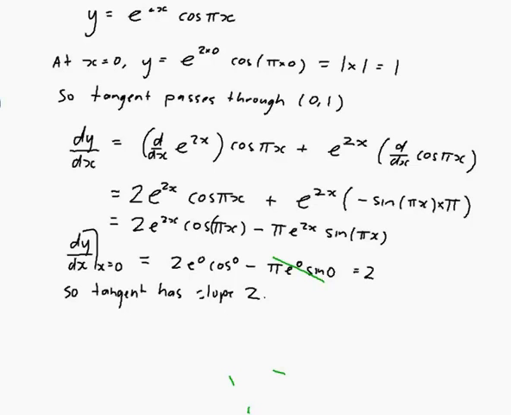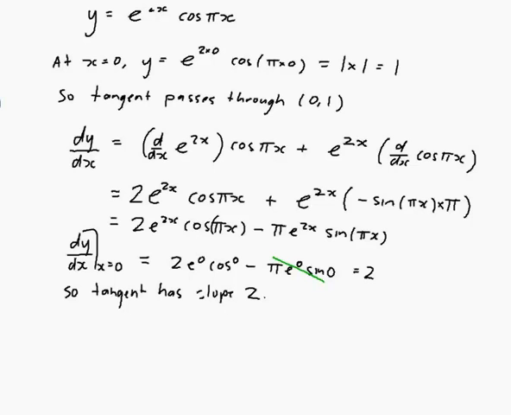So the equation of the tangent is y equals 2x plus something. And I could figure out what that something is by subbing in the 0 and the 1. But for this particular example, it's a little easier because it passes through 0, 1. So that would be the y-intercept because it's on the y-axis.